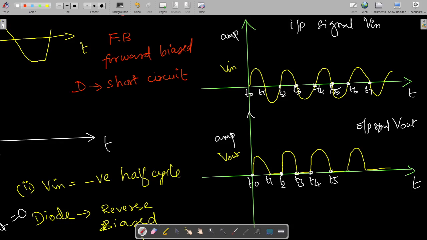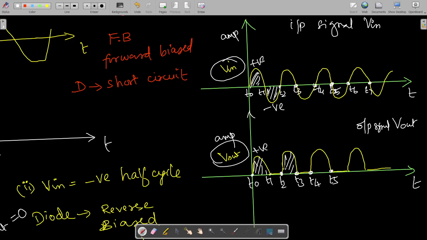So what is happening? This is the input signal, which I have told you is a varying input. It consists of both the positive half cycle as well as the negative half cycle, so it is a bipolar AC signal. But when you check the output voltage, it consists only of the positive signal.